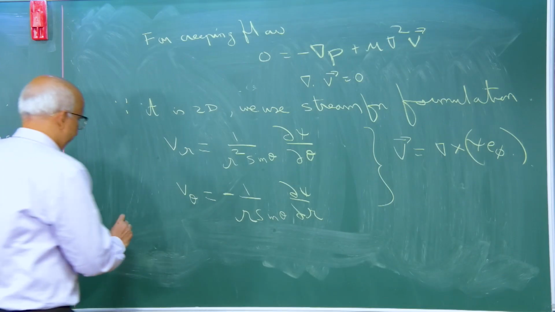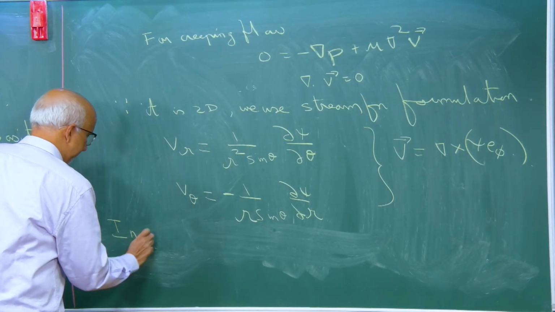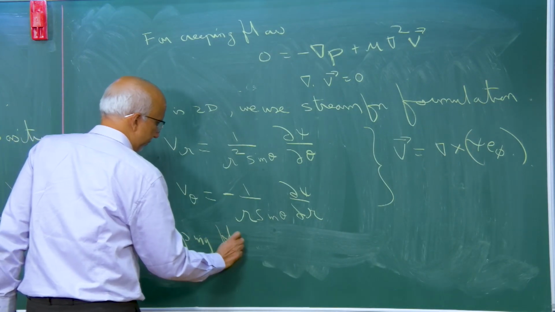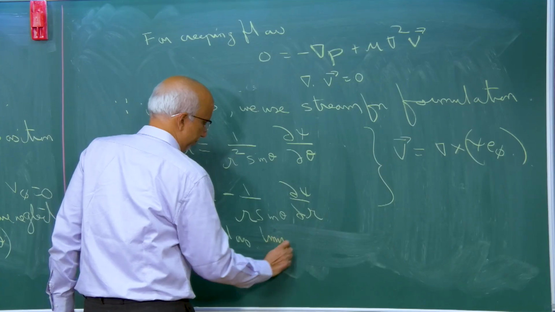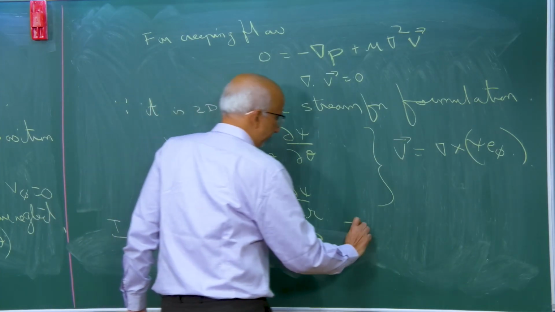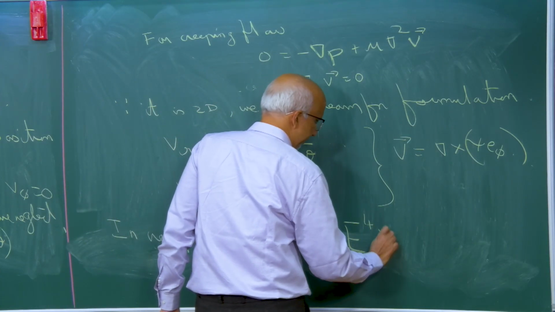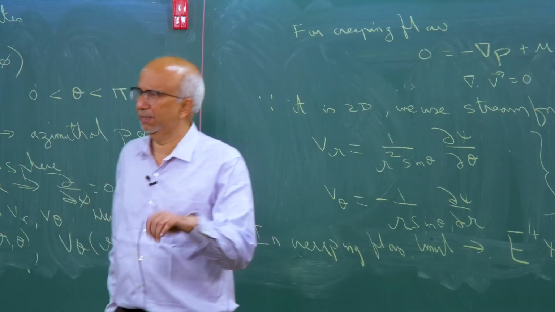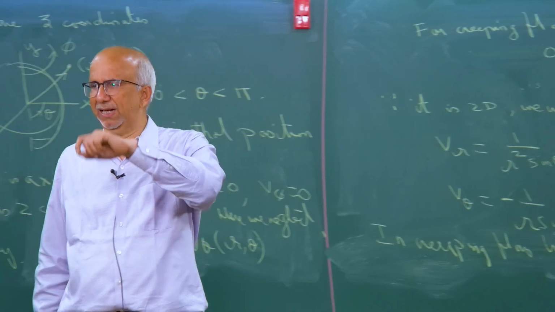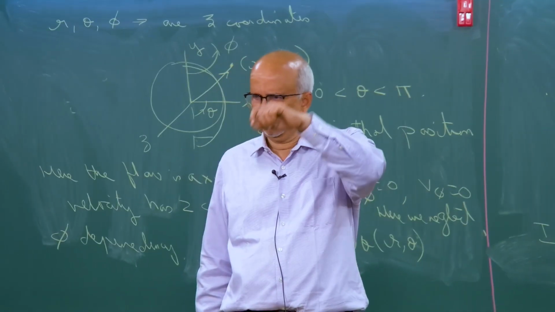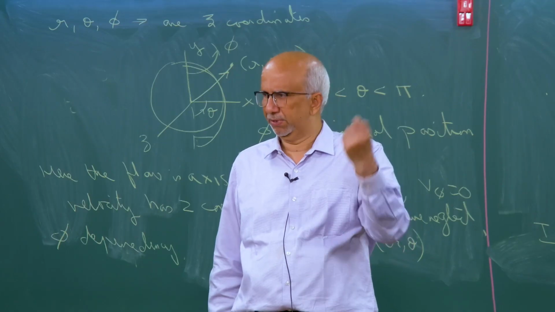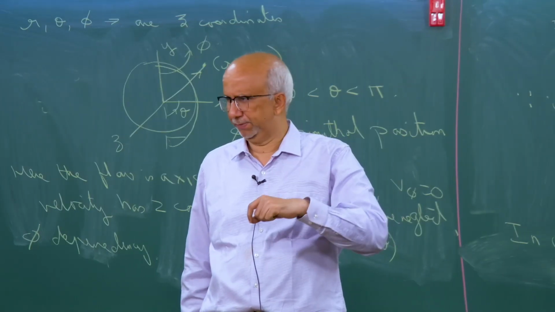Here, in the creeping flow limit, we get E power 4 psi equals 0. Again, you have to do this exactly like what I did yesterday. Yesterday I got del power 4 psi, but this time when you do it, you will get E power 4 psi.